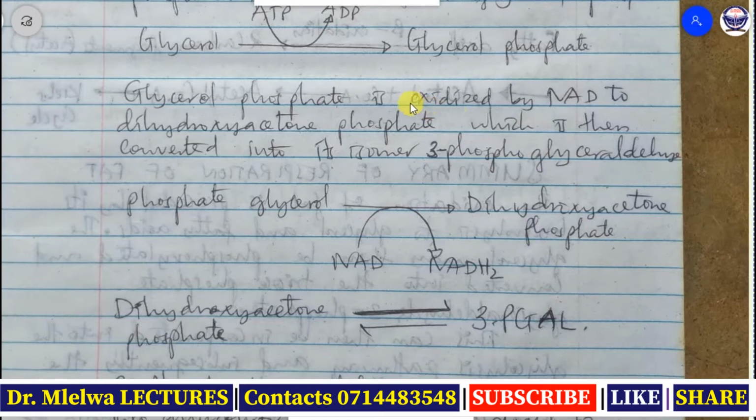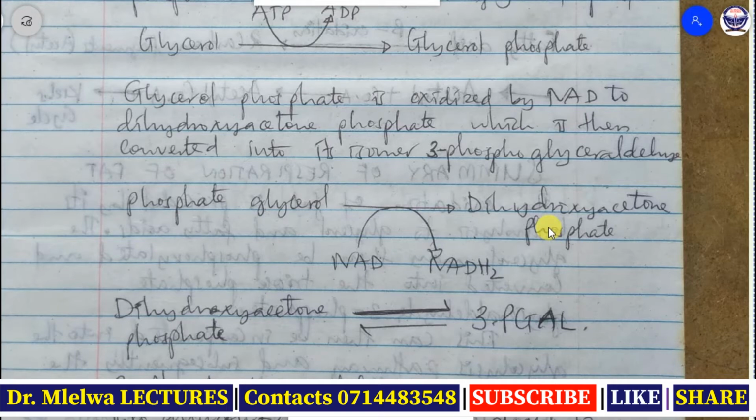By oxidizing glycerol phosphate, because this is an alcohol, oxidation of an alcohol gives a carbonyl compound. As I said, oxidation of an alcohol gives a carbonyl compound, and oxidation of a carbonyl compound gives a carboxylic acid. So glycerol is an alcohol, and we are oxidizing it to a carbonyl compound.